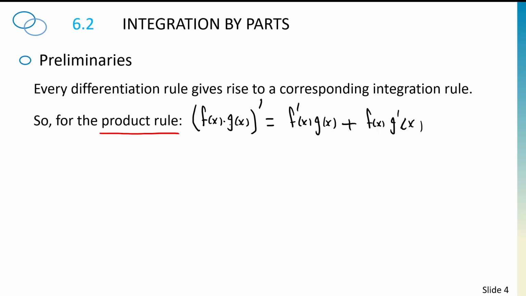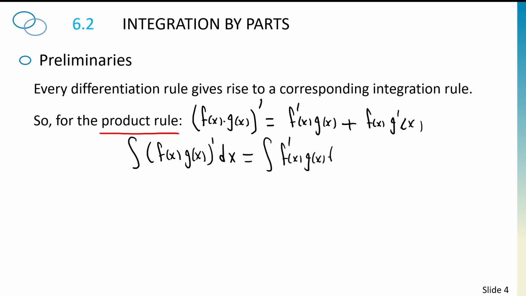Now let's say I need to cancel out this derivative. How can I cancel out the derivative? I'll use the integration. So if I take the integration for this equation, the integral of (f of x g of x) prime, for sure with respect to x, equals, I'll take the integration term by term, the integral of f prime of x, g of x dx, plus the integral of f of x, g prime of x dx.